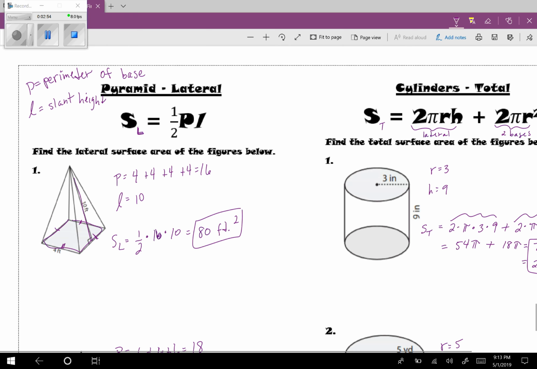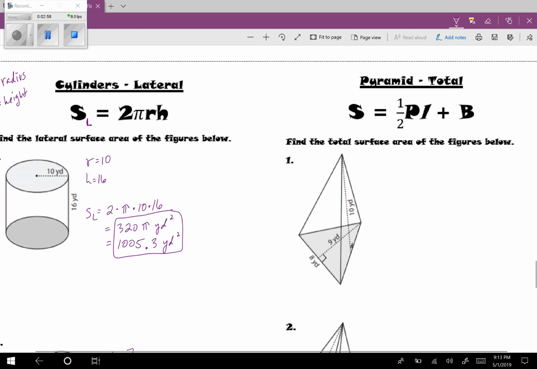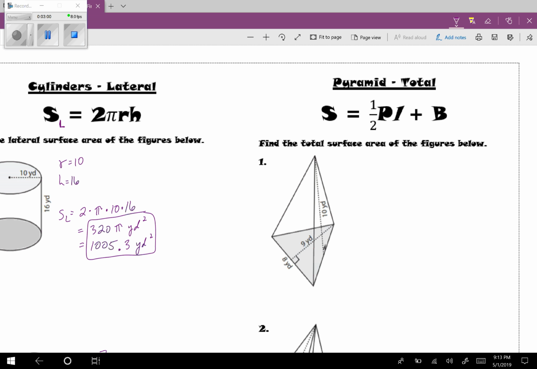Okay, now what we're going to do is go up and do the total. On a pyramid, you have your lateral, so those 3 triangles or however many triangles there are. That's the first part. And then B. Remember, big B is the area of your base.